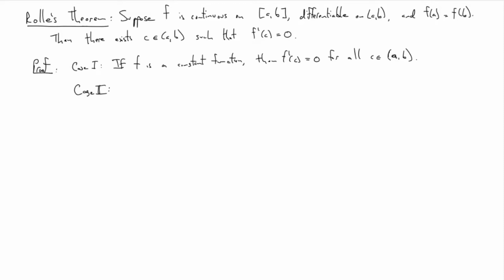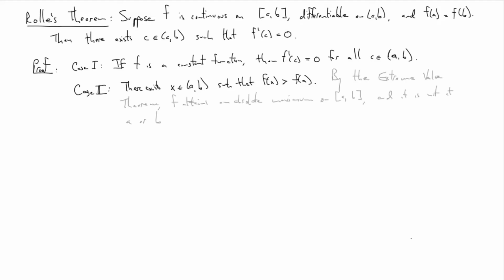If f is not constant, then somewhere between a and b, there's some point where the function has a value either larger than the value at the endpoints or smaller than the value at the endpoints. And so in this second case, we'll consider the situation where there's some point x between a and b where the function value at that point is larger than the function value at a, which is of course the same as the function value at b.